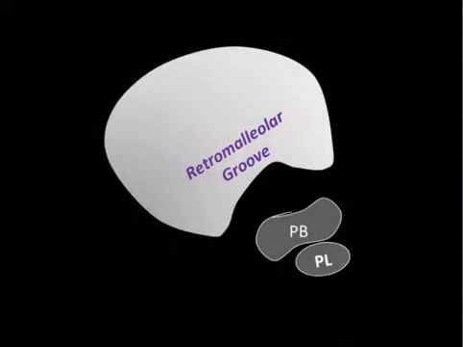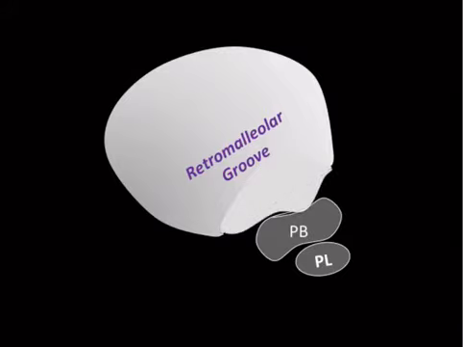But not everybody has a groove that looks like that. Some people have a groove that is flat, which isn't a groove at all, I guess. And then you've got other people that actually have an outward convexity. You can imagine that people that have an outward convexity, if they were to invert their ankle, that would put a lot more stress on those tendons than if they had that concave hole.